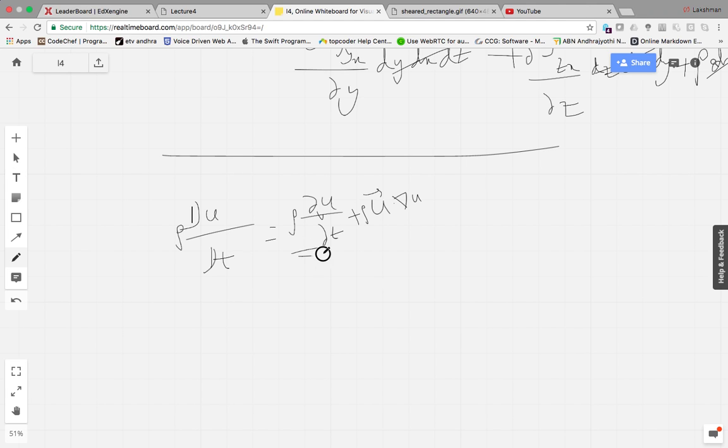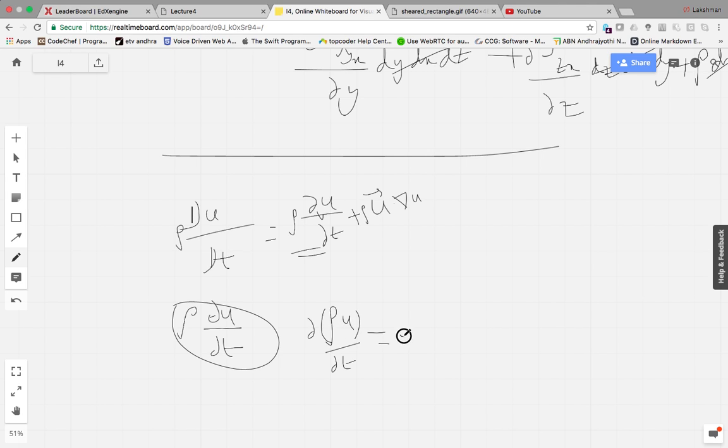So now let's look at rho Du by Dt. What you can do is consider the derivative del rho u by del t. Basically you are applying a temporal derivative on this rho u term.